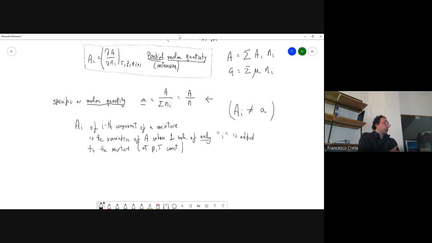There is a concept of molecular interaction that may take place, and for example, suppose this quantity A is not just a Gibbs energy. We're going to be talking profusely about the Gibbs energy, but think of the volume, for example.